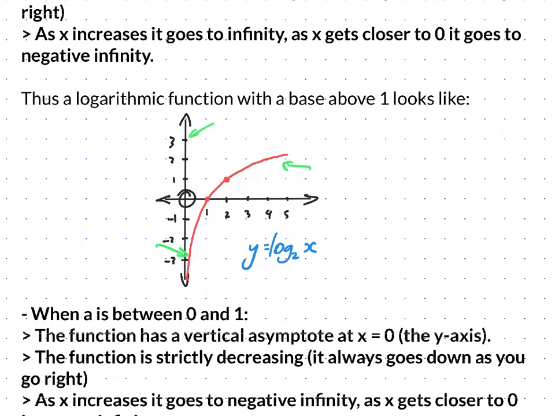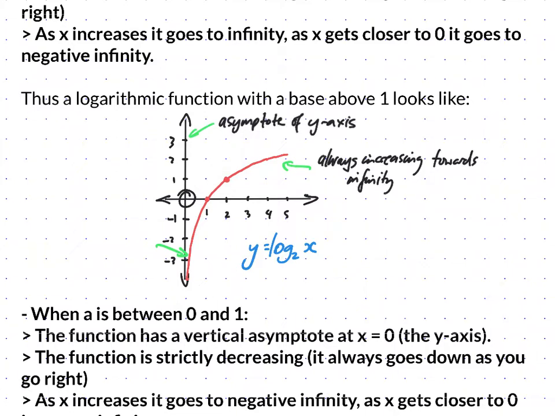So as you can see here, a logarithmic function with a base above 1 is going to look like this. Here you can see the red line is always going up, so always increasing towards infinity. You can see along the y-axis the asymptote of the y-axis, it never touches it.